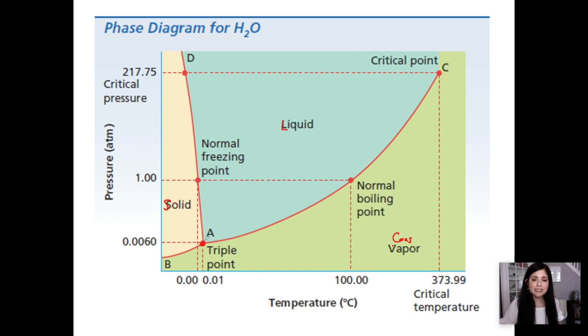At these conditions, it looks like this graph is in units of degrees Celsius for temperature and atmospheres for pressure. So your triple point, if you were to identify what conditions all three states of matter coexist, we would have a temperature of 0.01 degrees Celsius and 0.0060 atmospheres.